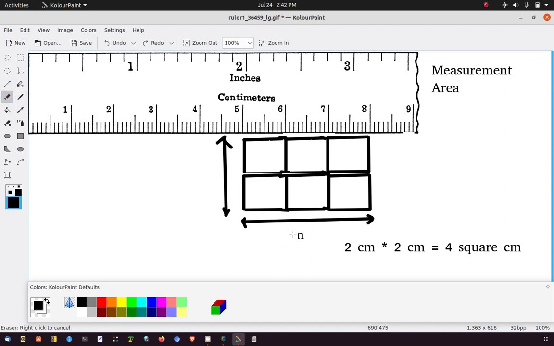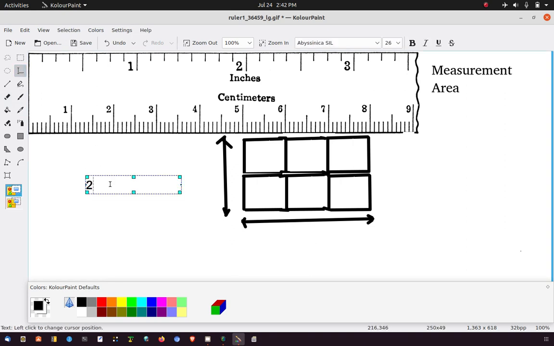So changing these figures now, I'm going to have a height of 2 centimeters, 2 cm. Let me move my 2 cm over here, because this is 2 centimeters high, 1, 2, and then I have 3 centimeters wide, 3 cm.